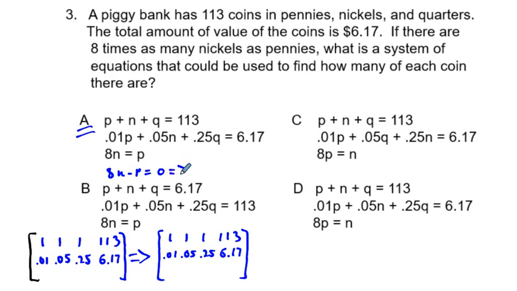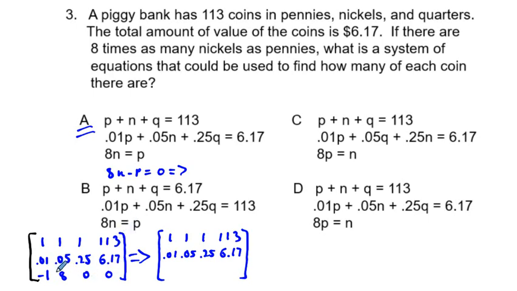And when you go ahead and put that into the form you have, you're going to have negative 1 for negative P plus 8, and that's going to be equal to 0.